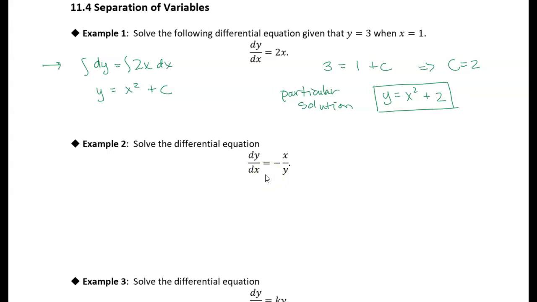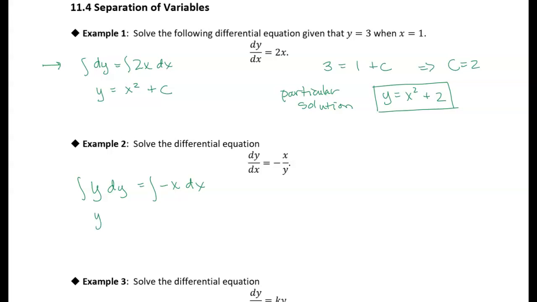So this one's pretty straightforward because we could just multiply both sides by y and multiply both sides by dx. And when we do that, what we'll end up with is y dy is equal to a negative x dx. And then we can just integrate both sides like we did before. So that's fairly straightforward.